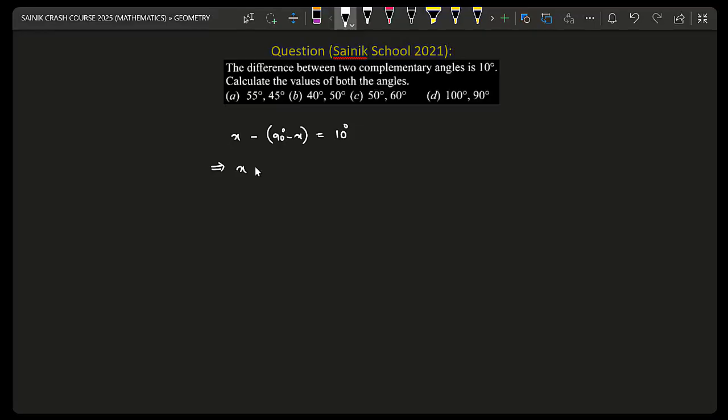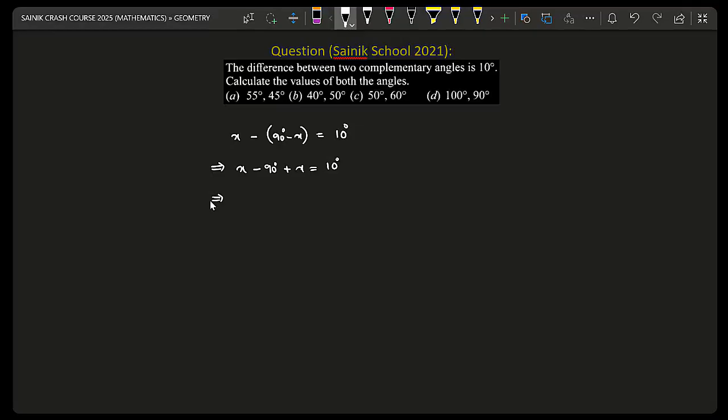So every sign inside the bracket is going to change or it's going to be same as it is? Change. Okay, plus 90 becomes? Sir, minus 90. Minus x becomes? Plus x. Okay, let's write this equal to 10 degrees. Now, can you simplify this LHS? Yes, sir.